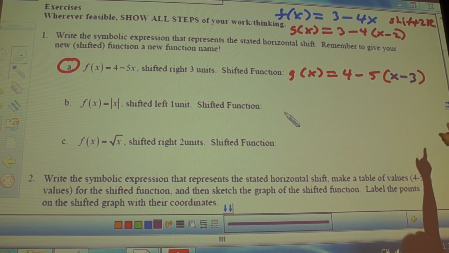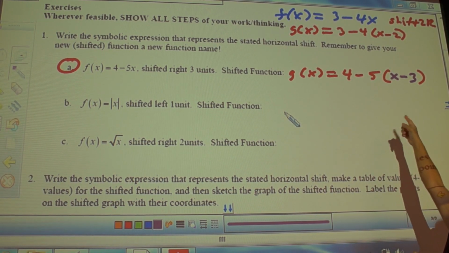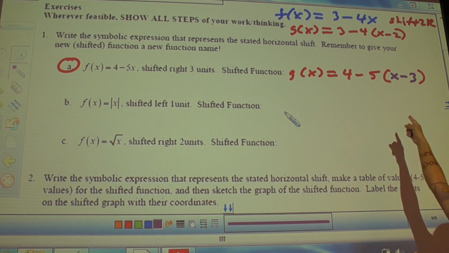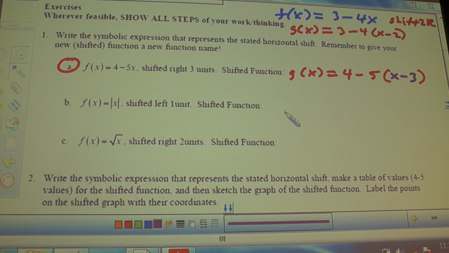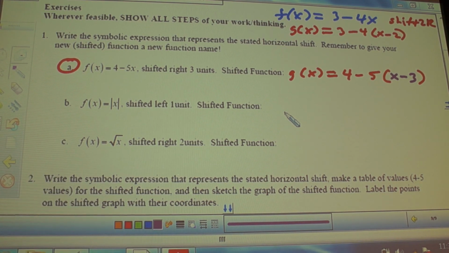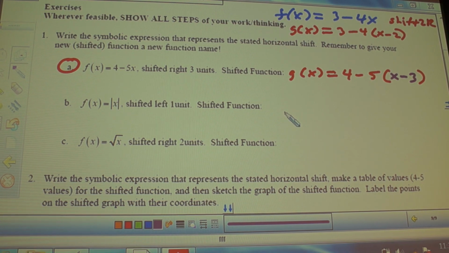Parentheses. And then multiplication. And then exponents, which we don't have any. But multiplication, is anything happening to the 5? It's being multiplied by x minus 3. So multiplication takes a higher precedence than addition and subtraction.